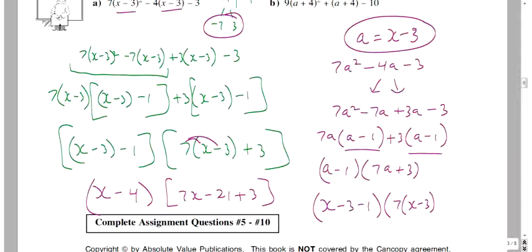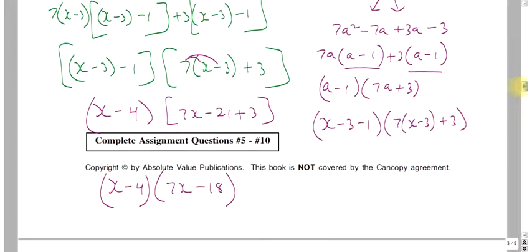No. Okay? Plus 3. And I get the same thing, right? Now, but this is maybe a little easier. So x minus 4, 7x minus 21 plus 3, and Bob's my uncle yet again.